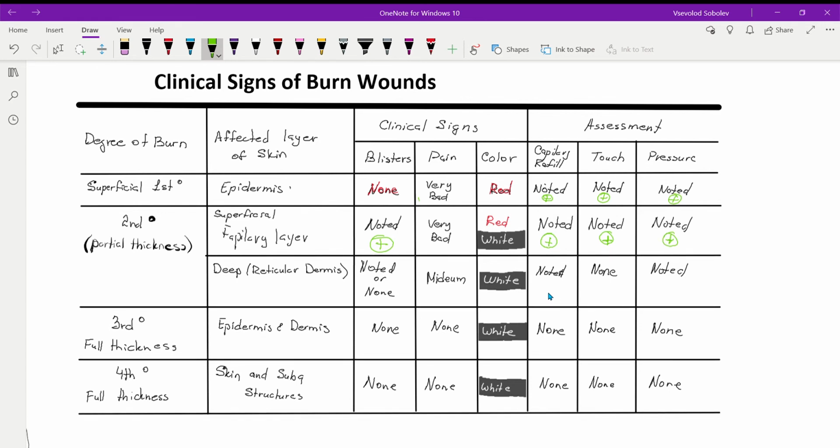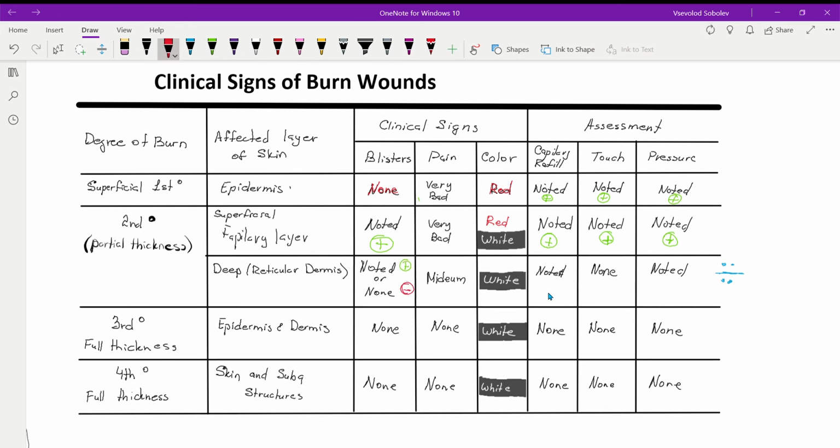Then deep reticular dermis, that's where the line I talked about is. It could be present or it might not be. Damage to this second degree deep reticular layer, it might be noted or it might not be.